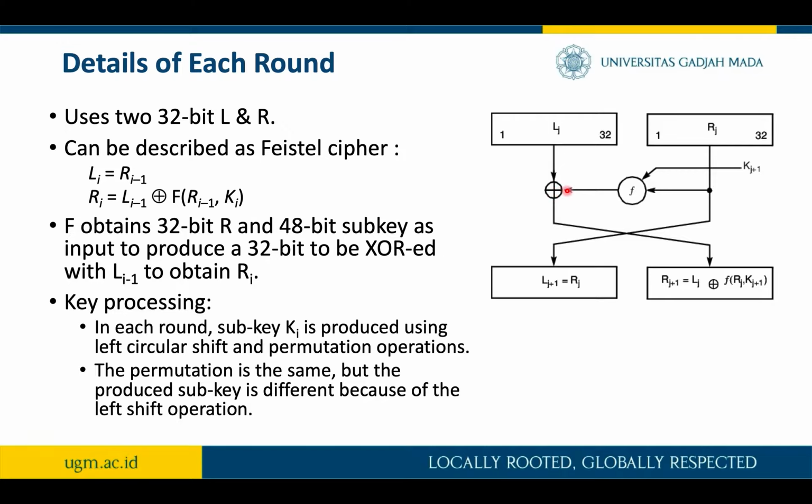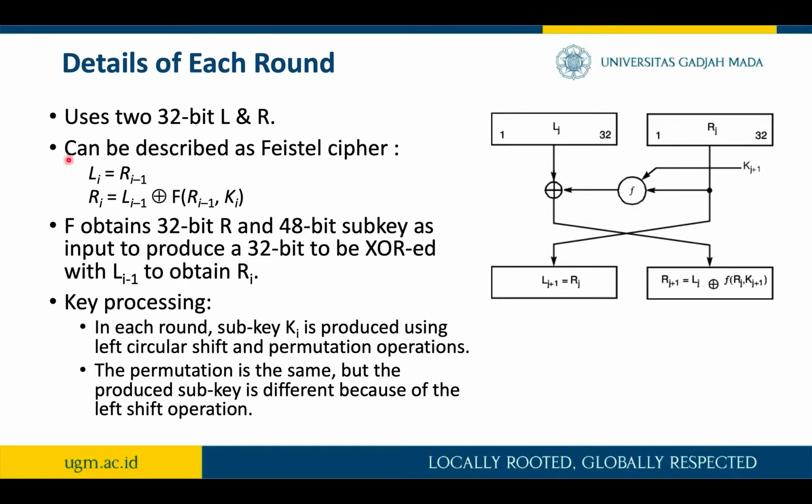There are several operations here. We apply function f to the right part using the subkey of the round. Then the result is XORed with the left part to produce the right part of the next round.